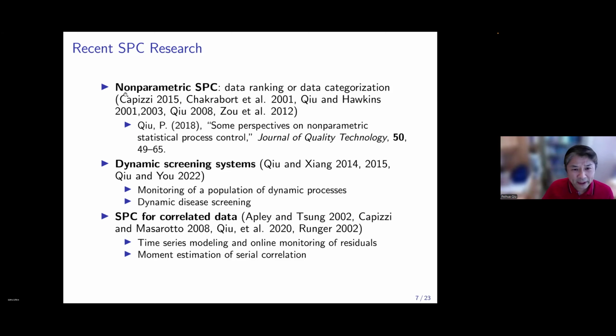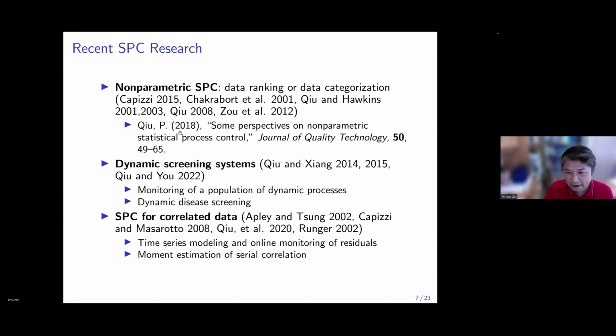And then in the literature, we have one research area called nonparametric SPC, which tries to get rid of the normality assumption. A lot of methodology has already been developed. The main idea is that instead of monitoring the original data, we use data ranking or data categorization, then use categorical data analysis to do process monitoring.